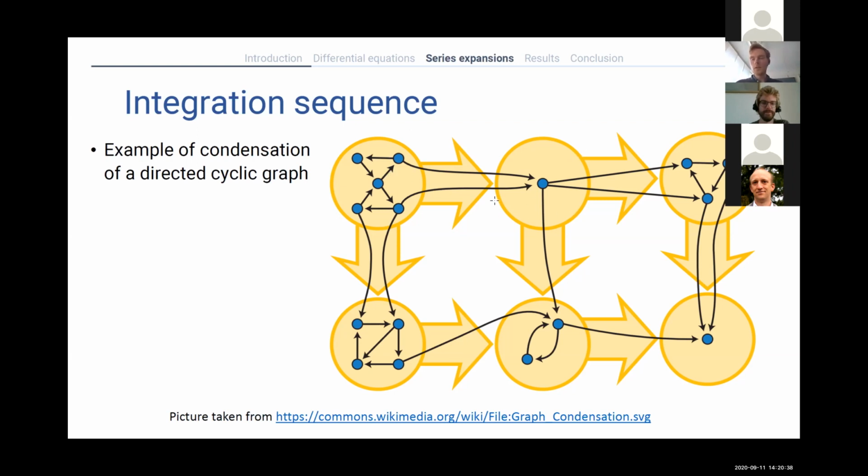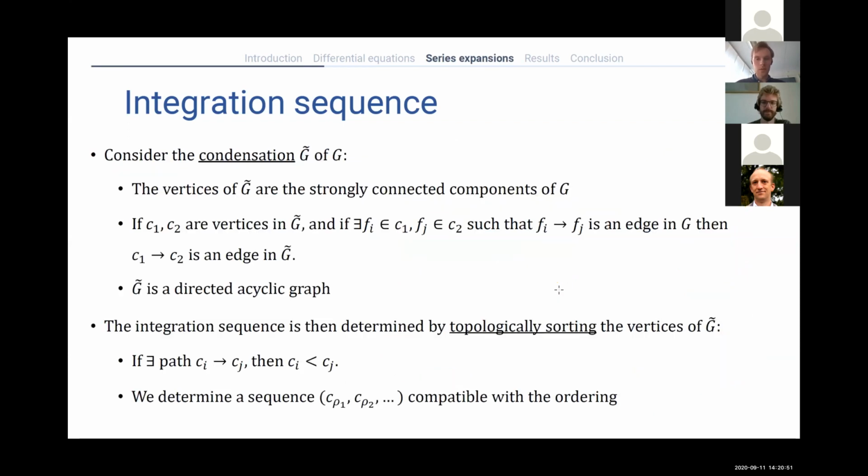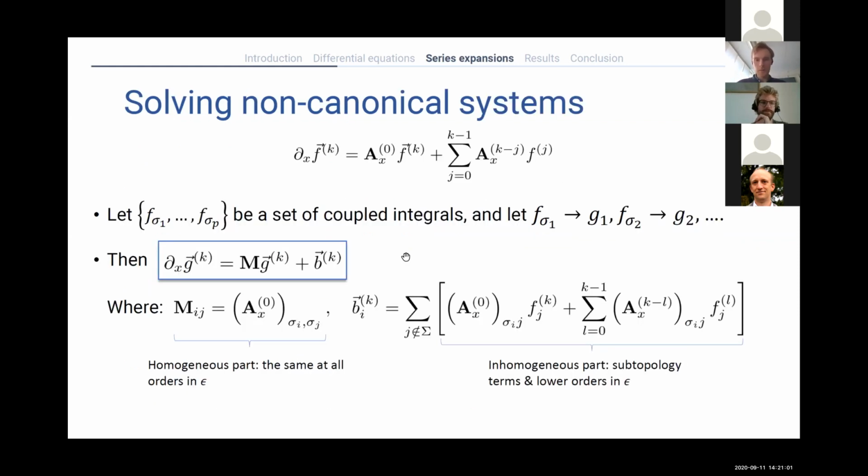The integration order is not necessarily unique, but you have to make sure that whatever integration order you pick respects the ordering that you have here. So it's called the topological ordering that you need to compute. Right. That's written out on this slide in a bit more detail, but it's a bit dense, so I will just skip over that.